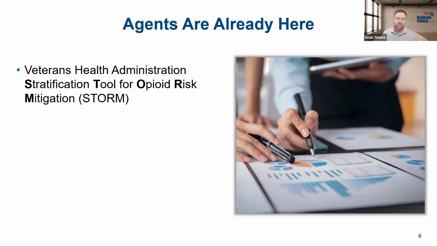Great. Okay, so the Veterans Health Administration has this STORM stratification tool for opioid risk management. I put that on the slide too. It's an AI-driven decision support system, as I understand it, that helps as veterans take out prescriptions for opioids.